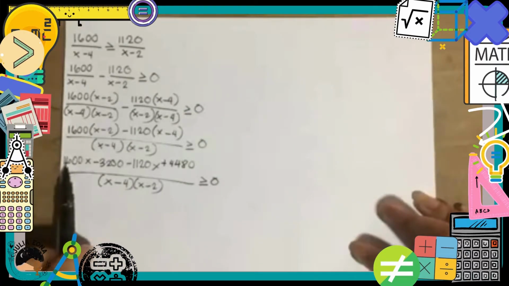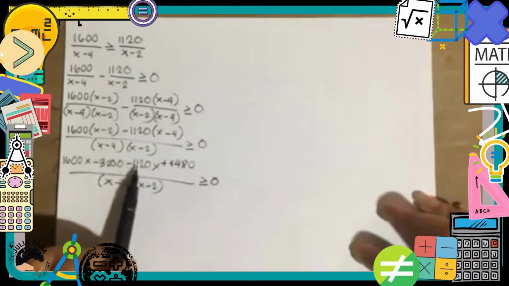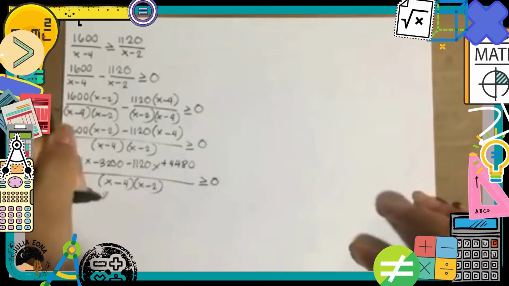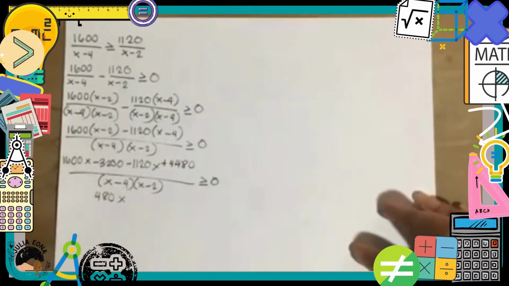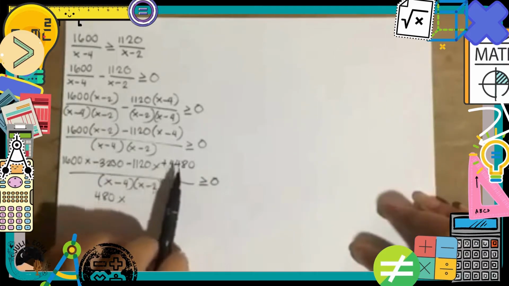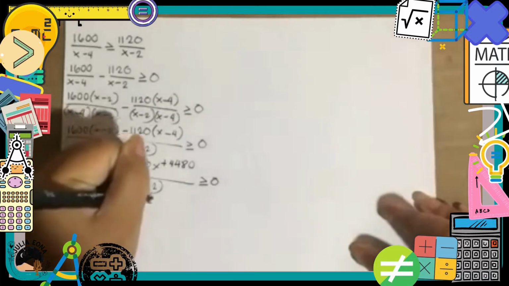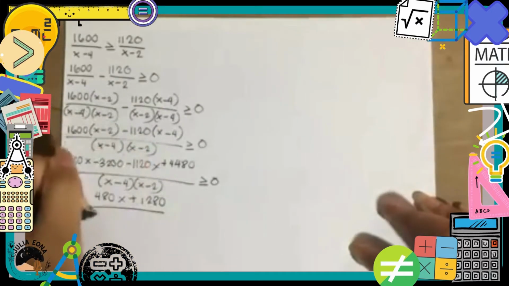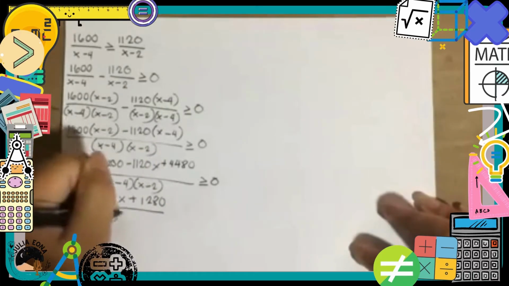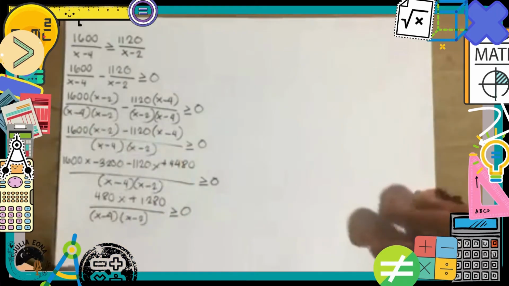So we have 1,600x minus 1,120x. It would give me 480x. And negative 3,200 plus 4,480 would give me positive 1,280 over x minus 4 times x minus 2 greater than or equal to 0.